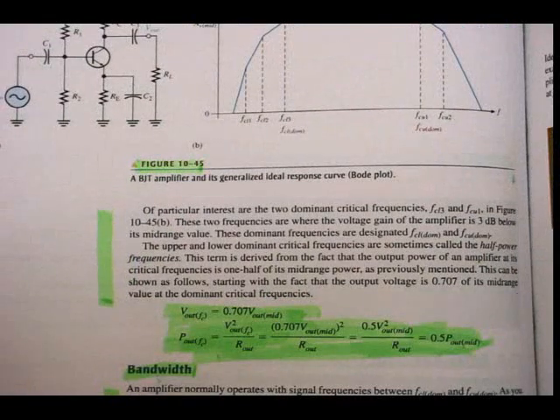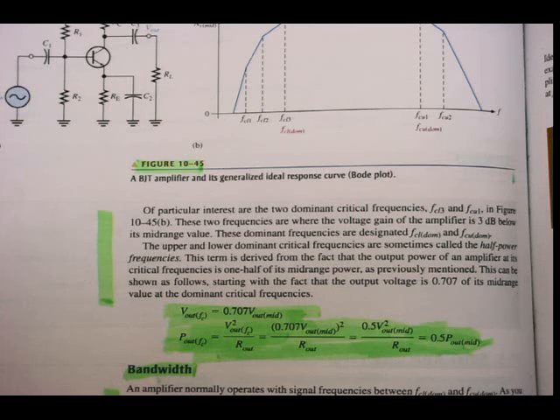Of particular interest are the 2 dominant critical frequencies. We haven't shown that yet, but please mark that as well. In figure 10-45B, these 2 frequencies are where the voltage gain of the amplifier is 3 dB below its mid-range value. These dominant frequencies are designated FCL DOM and FCU DOM, as we have just seen in figure 10-45.